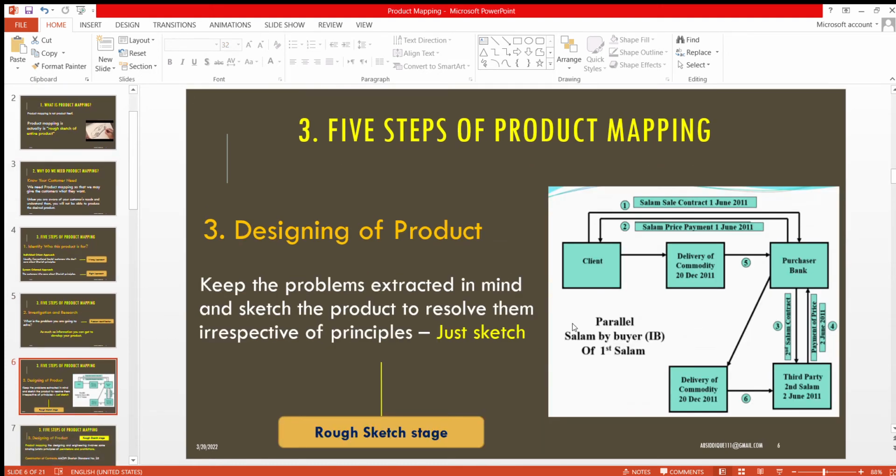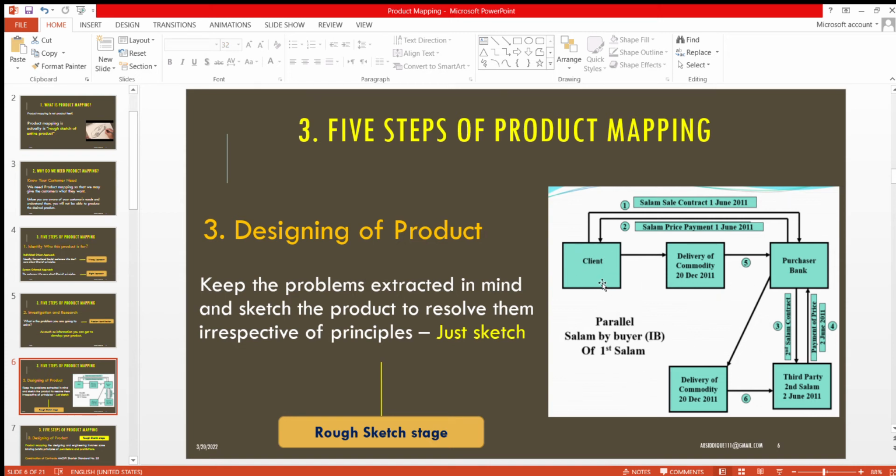The third step is designing of the product, which we say is just a rough sketch stage. So keep the extracted problem in mind and sketch the product to resolve them, irrespective of the principles. Just sketch how he will finance the customer, and what is the way to fulfill the need of the customer.